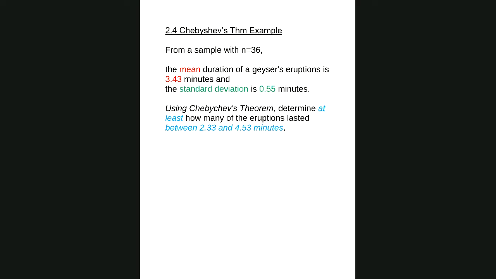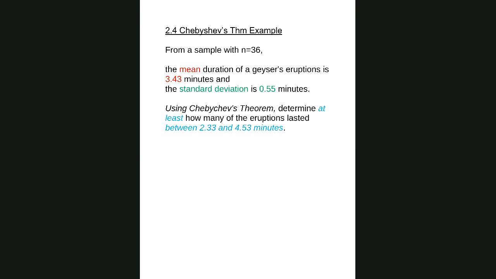Between 2.33 and 4.53, and notice it says at least. The reason why it says at least is because that's what Chebyshev's theorem gives you. It gives you an at least percentage. Notice this one doesn't say at least what percent. This says at least how many.